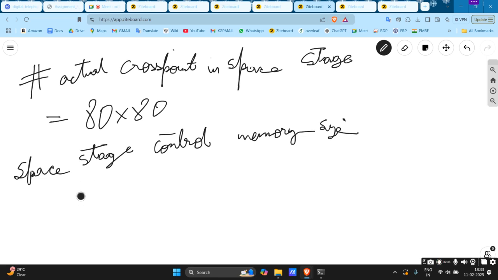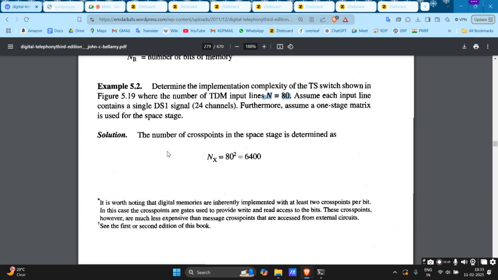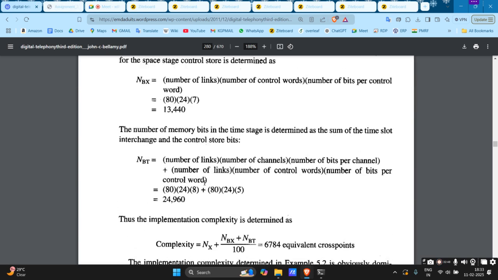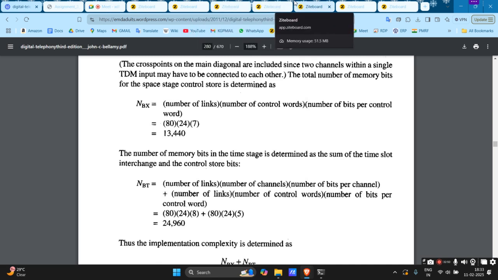The space stage control memory size is simply the number of TDM links, so 80, and then the number of control words.